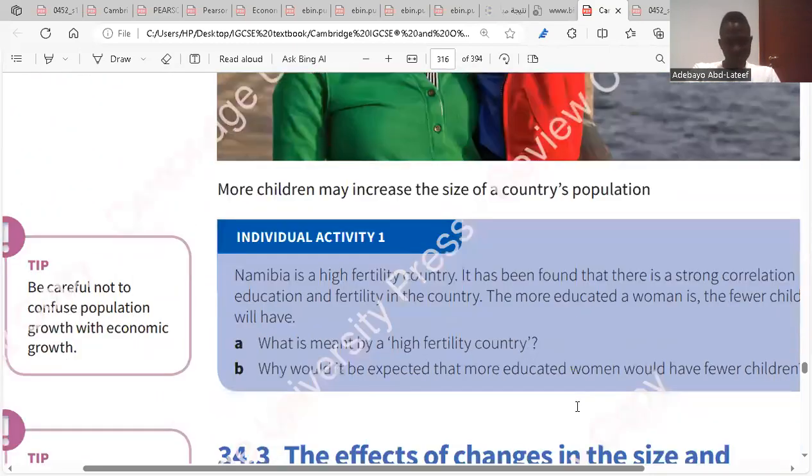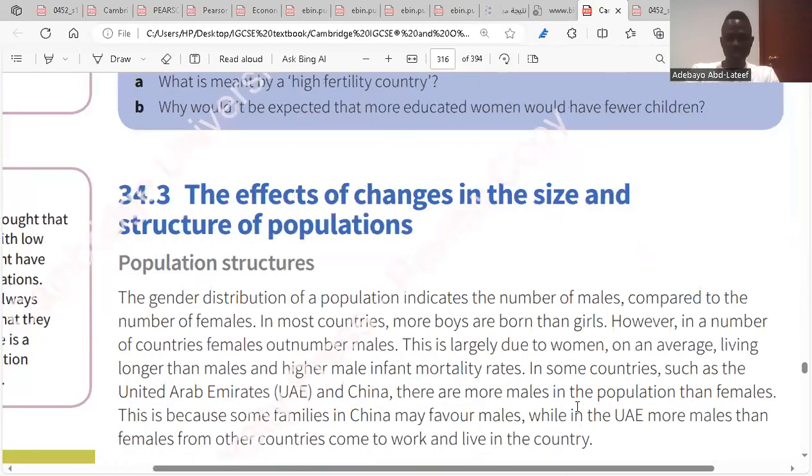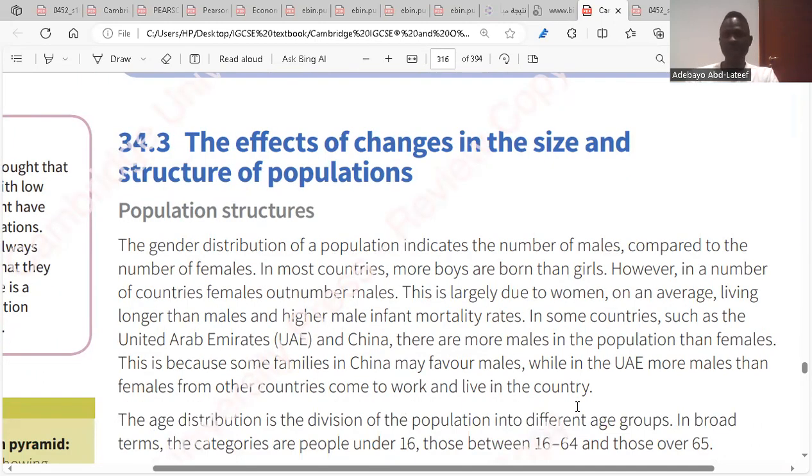So we'll go down. The effects of change in the size and structure of population. We said the gender distribution of a population indicates the number of males compared to the number of females. In most countries, more boys are born than girls.